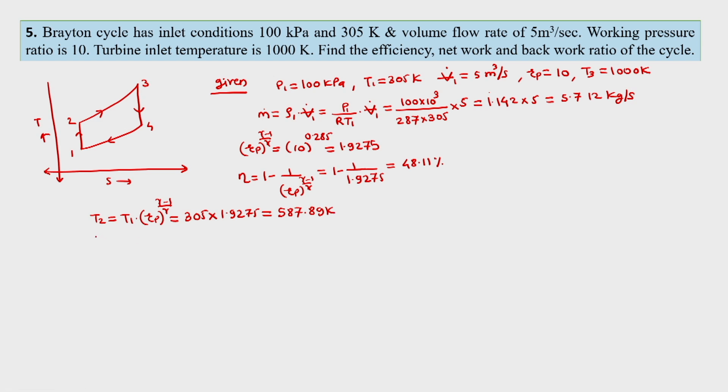Then T3 is given to us, so we can find out T4, which is T3 divided by Rp raised to (gamma minus 1) upon gamma. So it is 1000 divided by 1.9275, so it is 518.80 Kelvin.